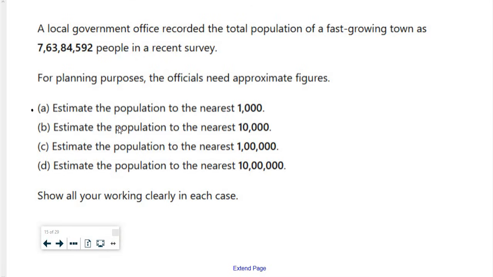Question A. Estimate the population to the nearest 1,000. B. Estimate the population to the nearest 10,000. The next question: estimate the population to the nearest lakh. And finally, estimate the population to the nearest 10 lakh.